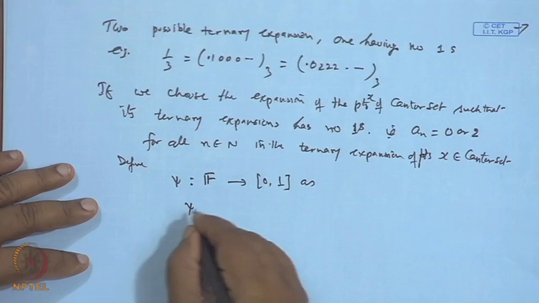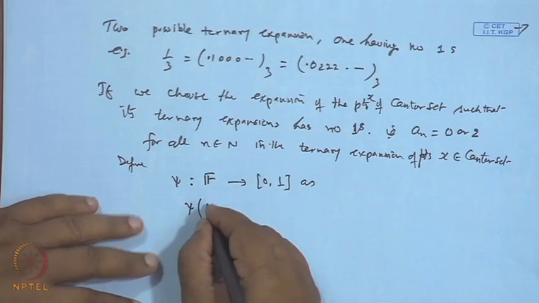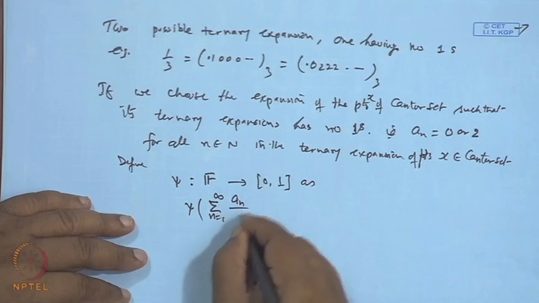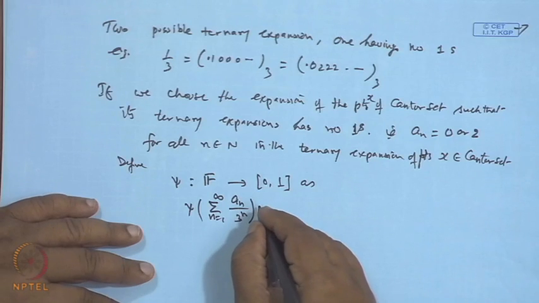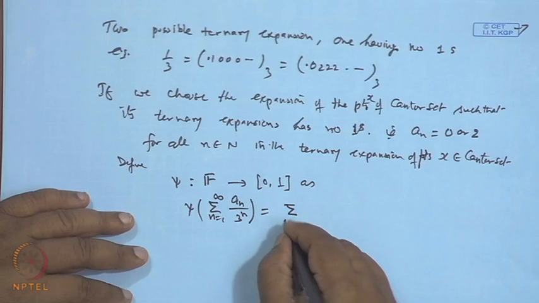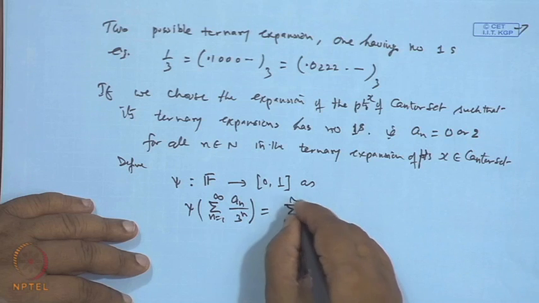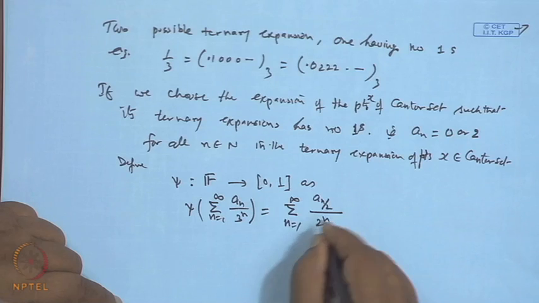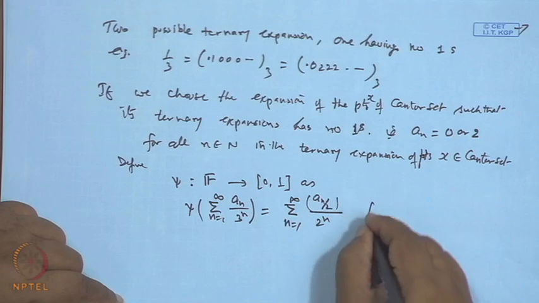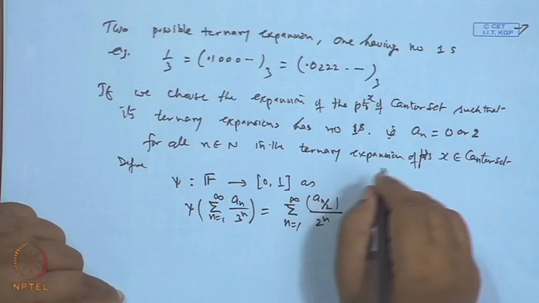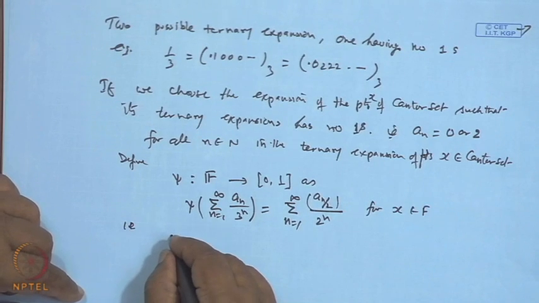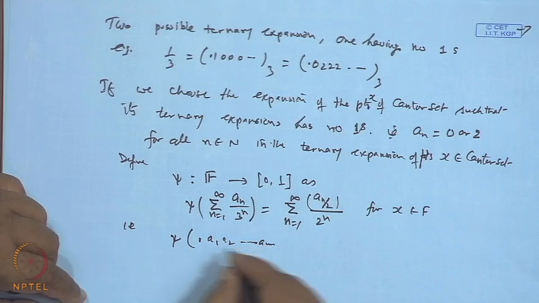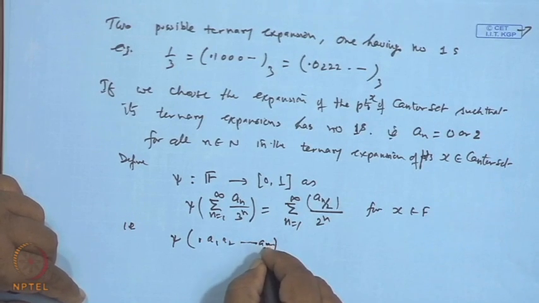If I take a point x whose ternary expansion is the sum from 1 to infinity of a_n over 3 to the power n, then we take the image of this under psi as the point whose binary representation is a_n by 2 divided by 2 to the power n, for each x belonging to F. That is, the image of a_1, a_2, a_n and so on in ternary expansion is as above.